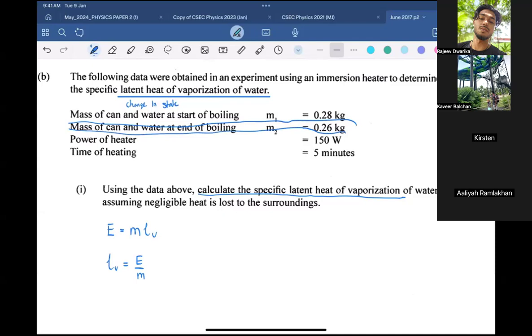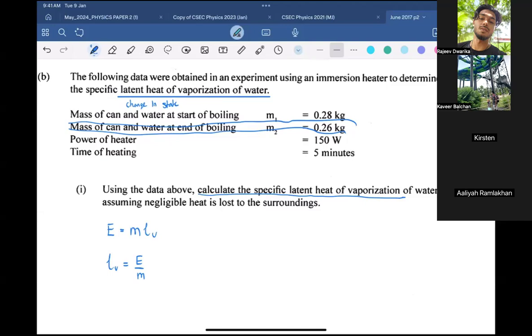Does that make sense? When you boil water, it turns into steam. Steam is just water as a gas, and water has mass. So if you boil water, you're losing mass.